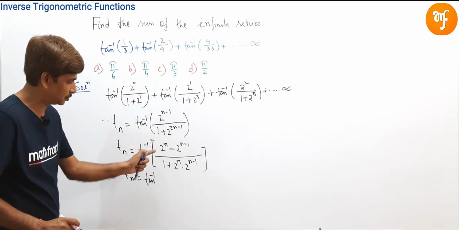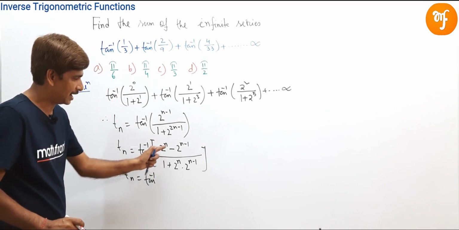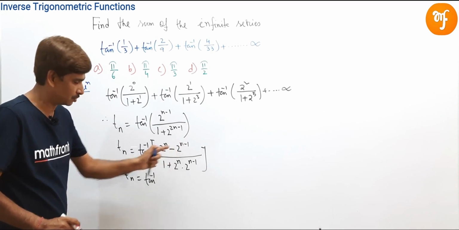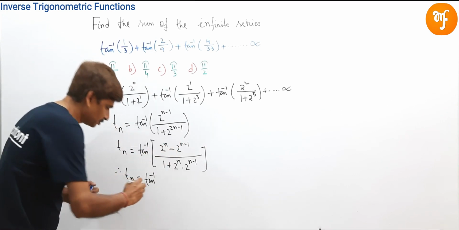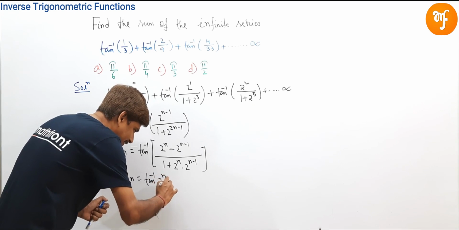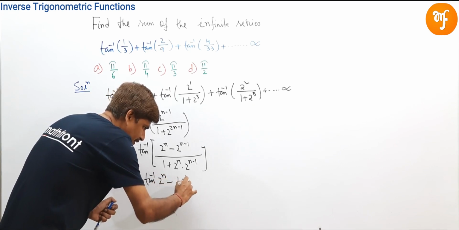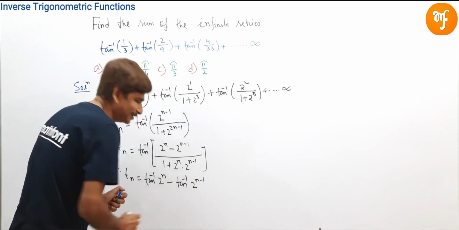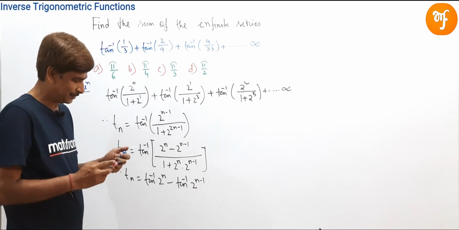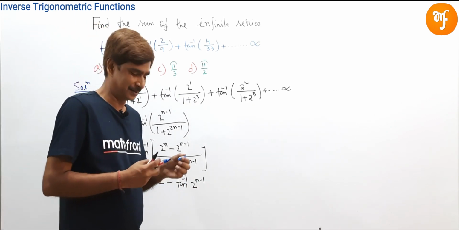So consider this 2 to the power n as x and 2 to the power n minus 1 as y. So tan inverse x minus tan inverse y. So this is tan inverse of 2 to the power n minus tan inverse of 2 to the power n minus 1. Okay. Now come to another interesting part.